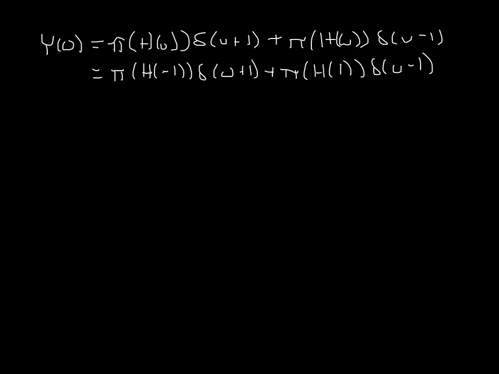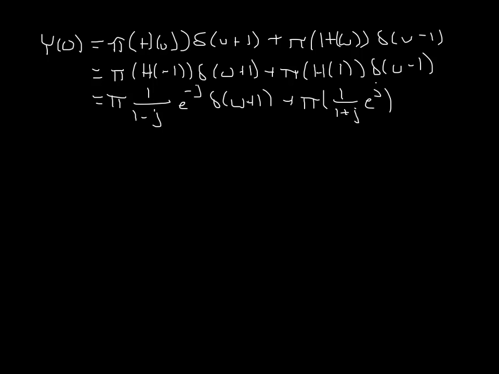And from there, our H at minus 1 is going to just be equal to 1 over 1 minus j, e to the negative j, times the delta of omega plus 1, plus pi times 1 over 1 plus j, e to the j, times the delta of omega minus 1.